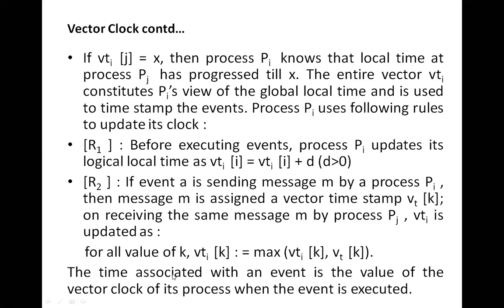Of course, the time associated with a particular event is the value of the vector clock of its process when the event is executed. It will be more clear if we go ahead with an example, then these two rules are going to be more clear.